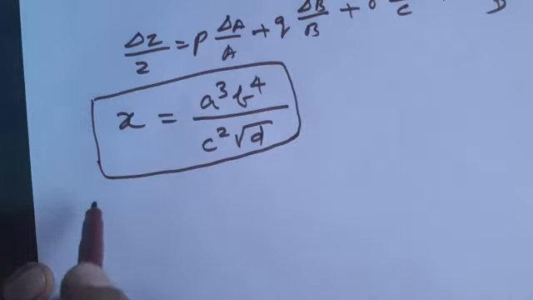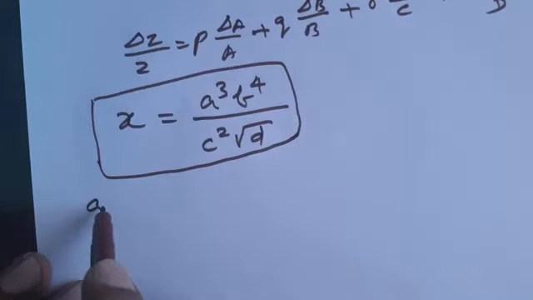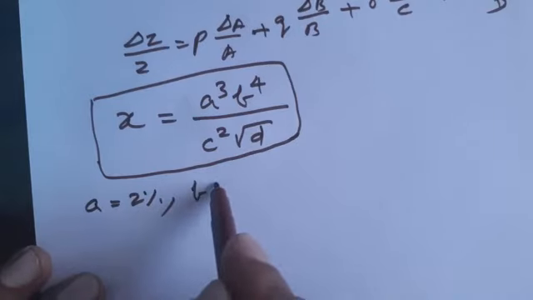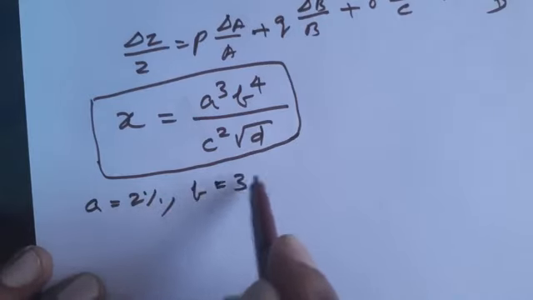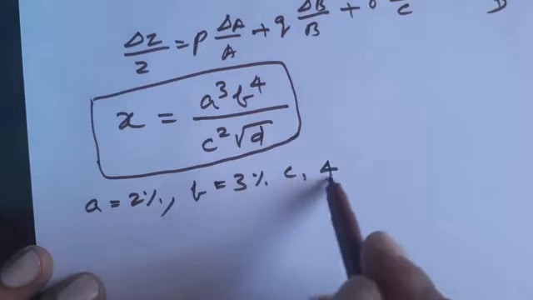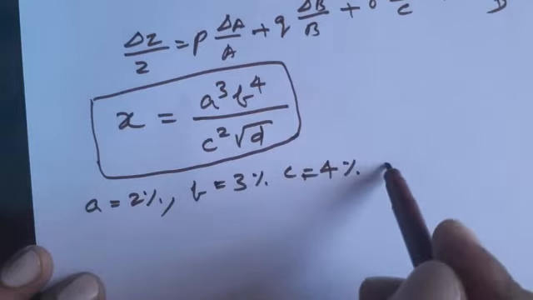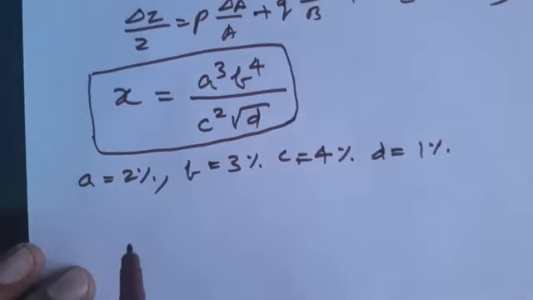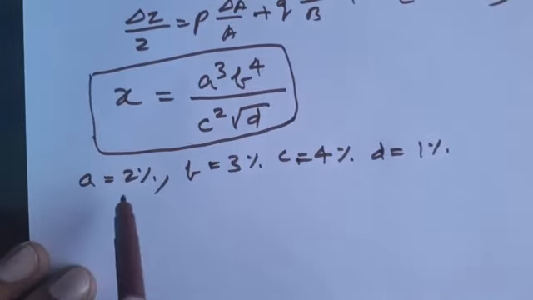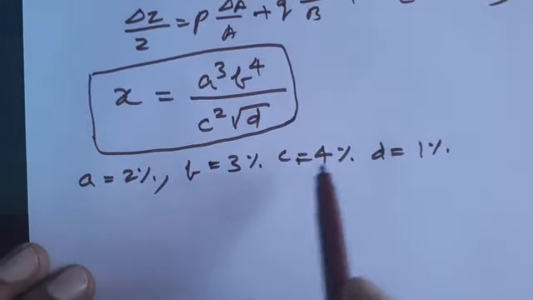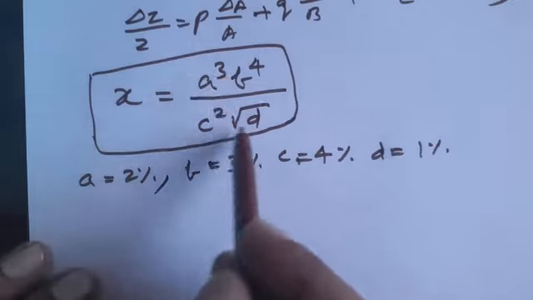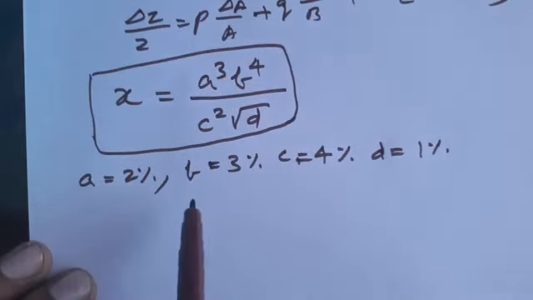Let us suppose A has 2% error, B has 3% error, C has 4% error, and D has 1% error. So how to calculate the error in X, which involves A, B, C and D?